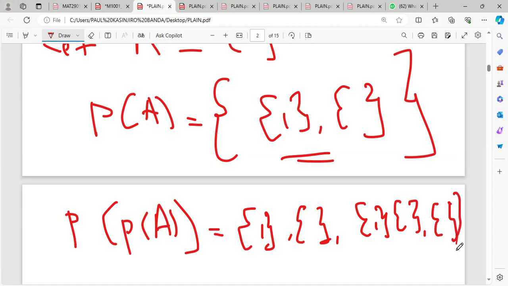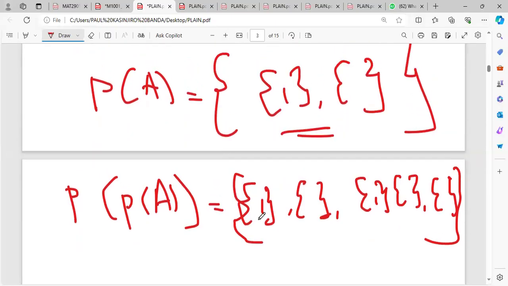So this here is our power set of the power set of A. List first the sets that are there, get the set itself, and add an empty set, right?